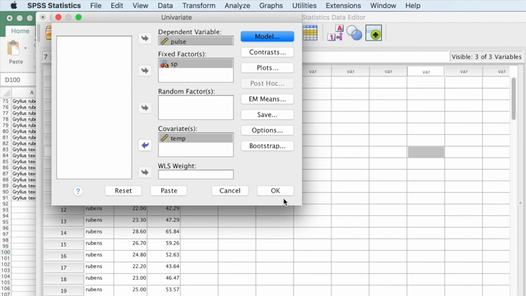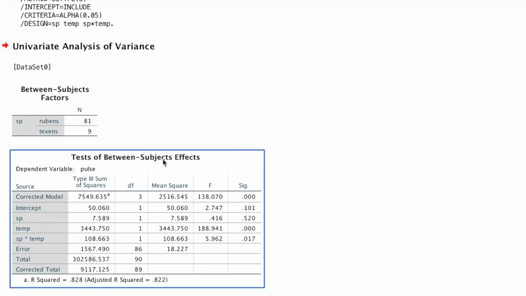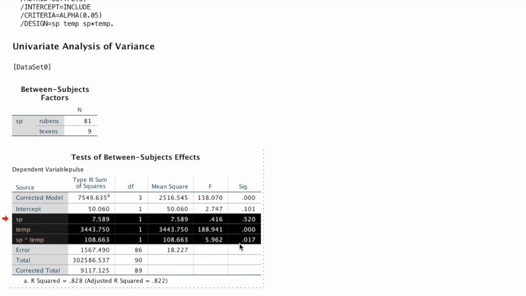Click continue, okay. And here's the ANOVA table, and then you can see that the temperature by species interaction term is significant. So that means that the slopes are not homogeneous, they're heterogeneous.